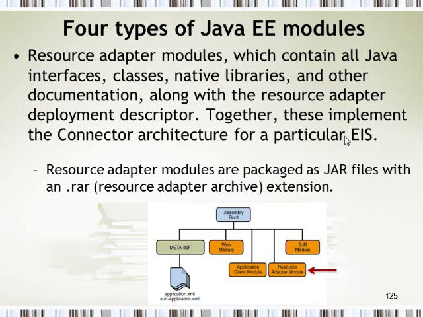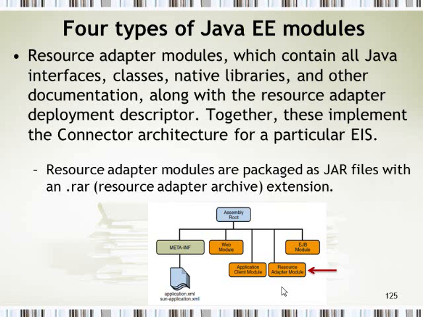In the last class I told you one of the connectors is JDBC, which allows your application to connect to any database. So if you want to use that connector information, it will be placed under resource adapters.